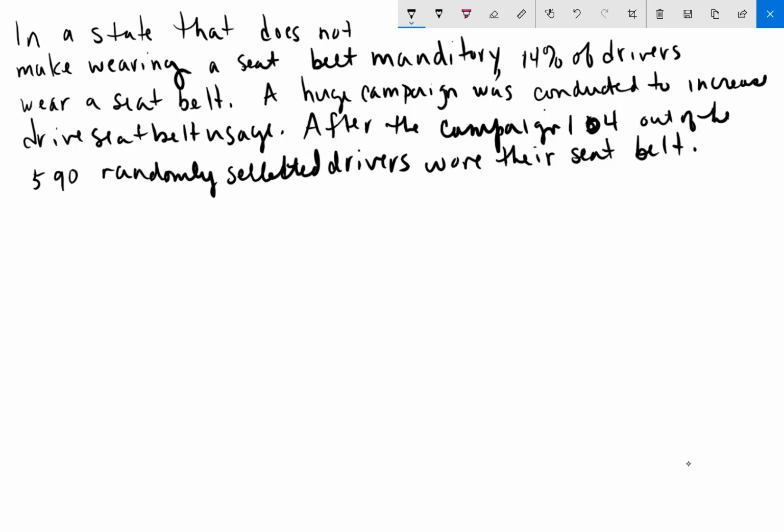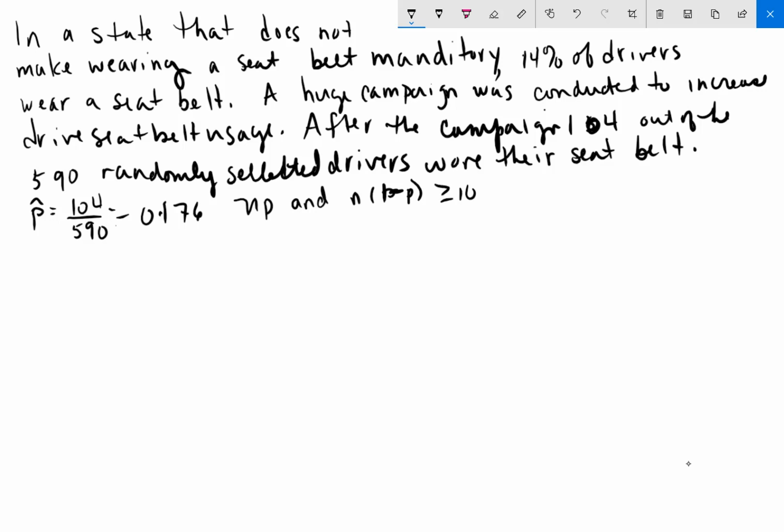In order for us to even do a hypothesis test, we have to make sure all the assumptions are met. So first of all, let's calculate our sample proportion, 0.17627. It's a number that goes on. Is n times p and n times 1 minus p both greater than or equal to 10?